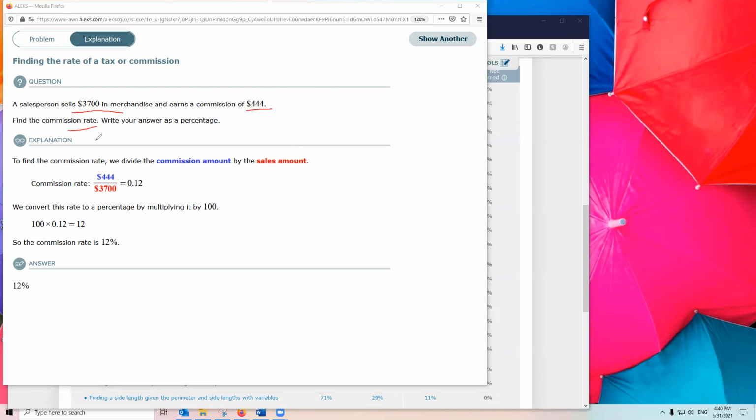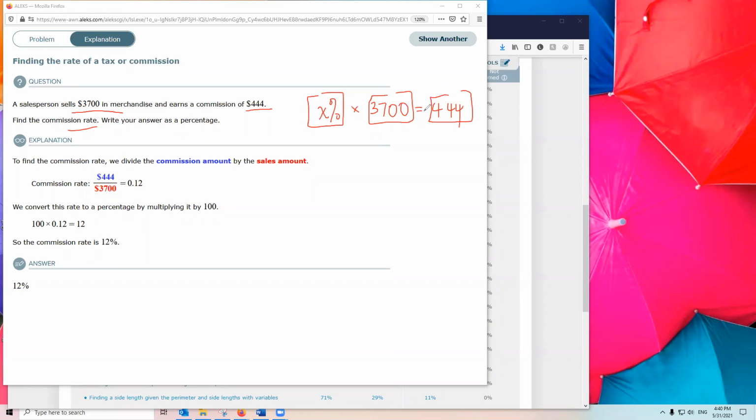What is the commission rate? Really, they're asking you what percentage X, if you multiply it by 3700, you get the answer 444. Because if you take the commission rate, X, multiply it by the amount sold, you get the commission earned 444.